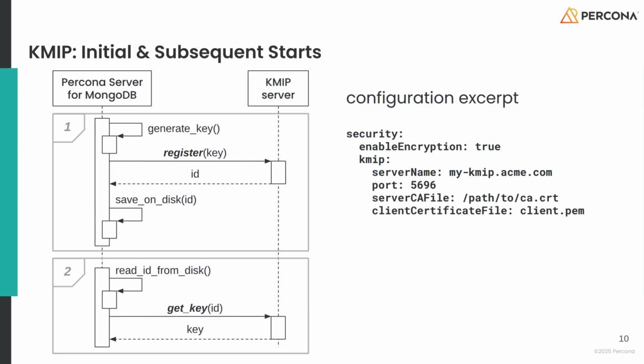During subsequent restart, our configured node already has some data and needs to decrypt it. And now the process is reversed, as we can see in the block 2. Percona server for MongoDB reads key ID from the disk and requests a KMIP server for the key with that ID for decrypting encryption key database.